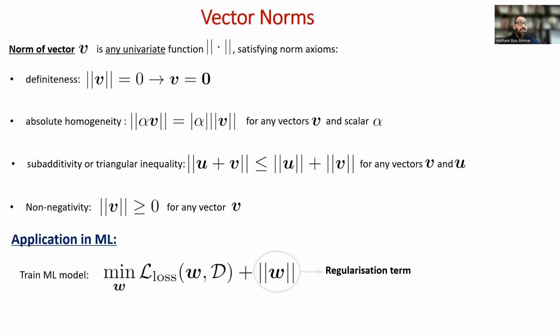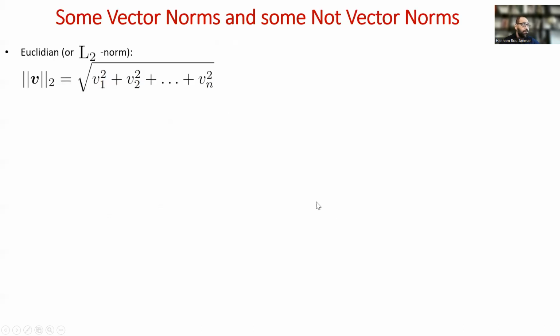This regularization term uses a notation you may have seen, which is the norm of W. So when we are looking into the norm of W, we're talking about one of those functions.